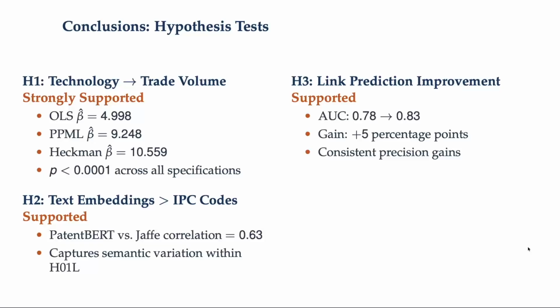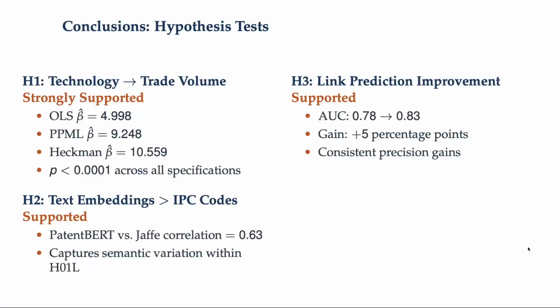Second hypothesis: text embedding is better than IPC codes, which is the Jaffe index. The correlation is 0.63, but the result itself is huge, an improvement over the IPC codes or Jaffe index when using the PatentBERT, the result I have here.